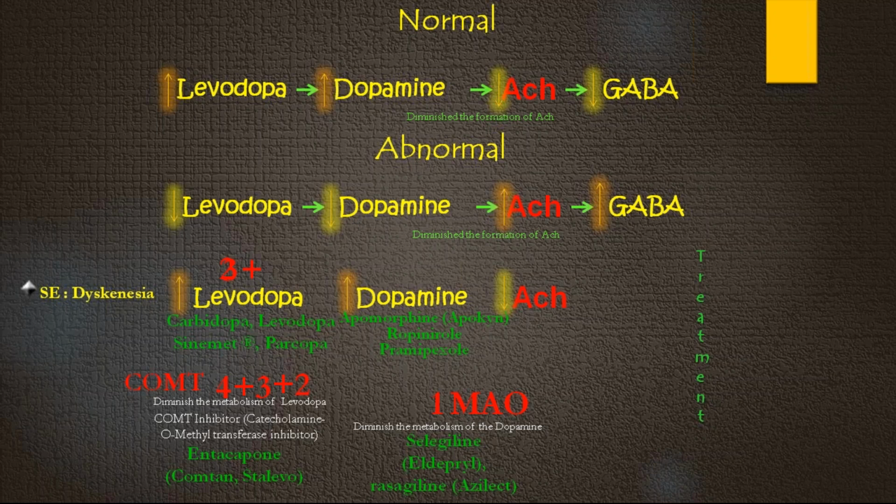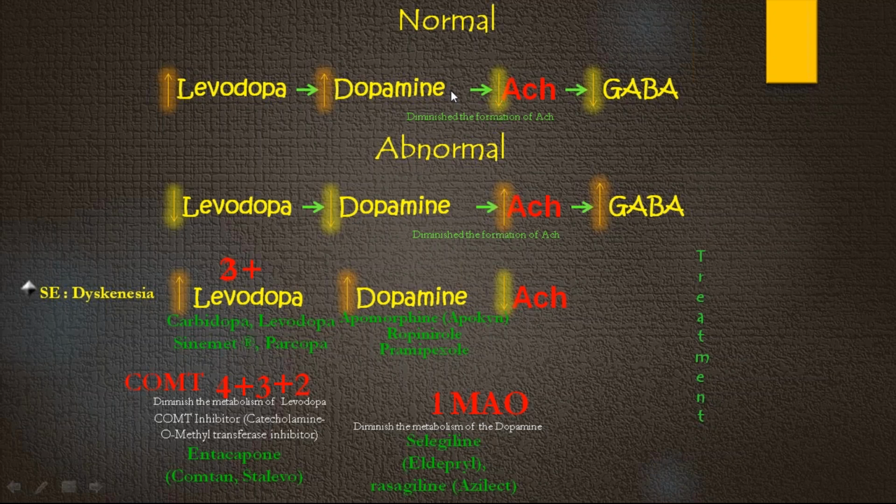Acetylcholine can produce tremor and involuntary movements in patients with Parkinson. Normally dopamine is high and acetylcholine is low. When one is high, the other is low. So it's like a scale.